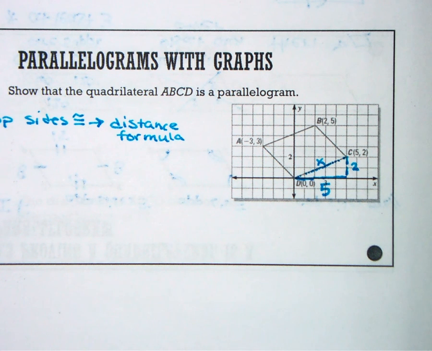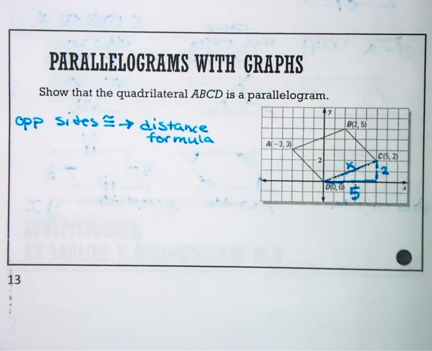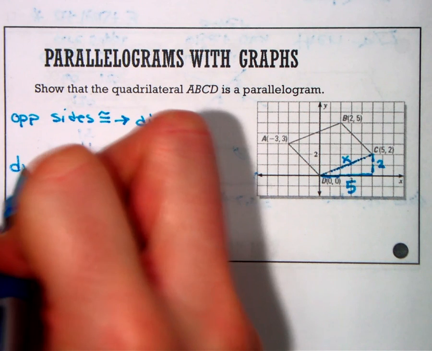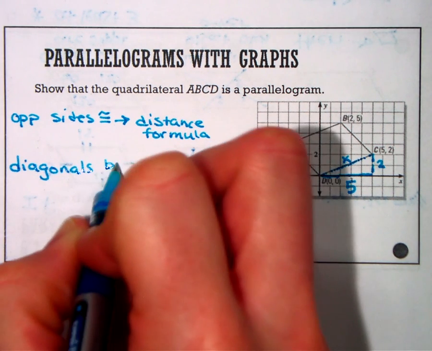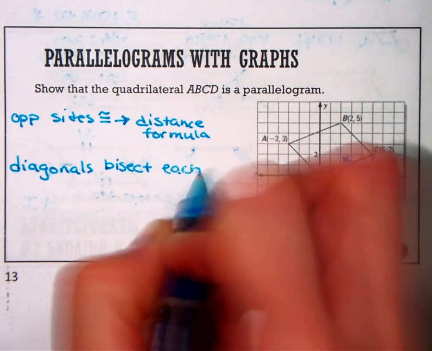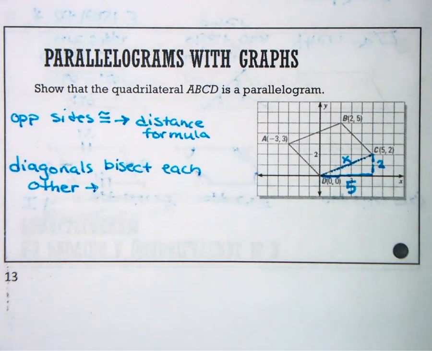Okay? A second way that you could do this, and this is what we kind of talked about at the beginning, is you can show that the diagonals bisect each other. And we will be doing a lot of this very specifically when we get into the rectangles, the rhombuses, and the squares, but this is kind of just introductory to it.